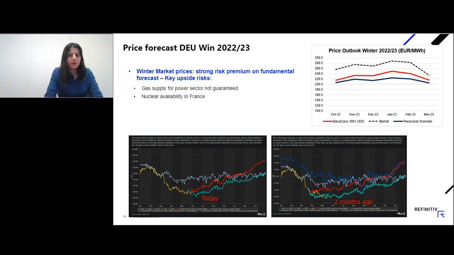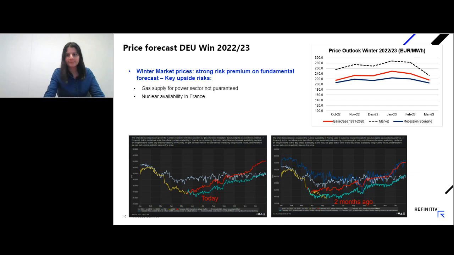What we also expect is that the availability will be lower than what is currently announced in REMIT, and therefore we scale down the REMIT availability by a certain factor to account for more unexpected unavailabilities and also extensions of outages. That is in our model, and it's probably also priced into the market price. But if there's a stronger risk premium on the market price, it's probably because the market fears that there could be even more outages.